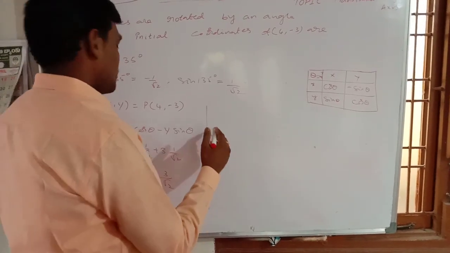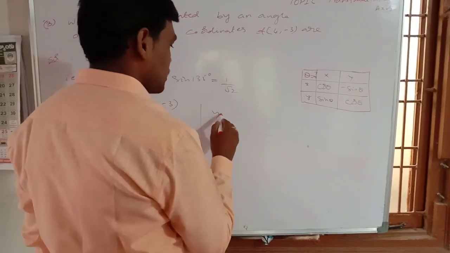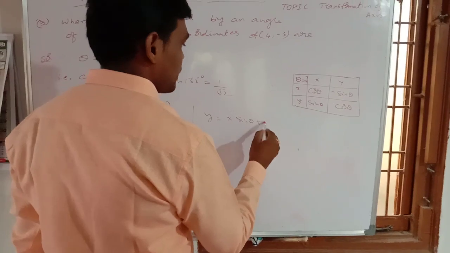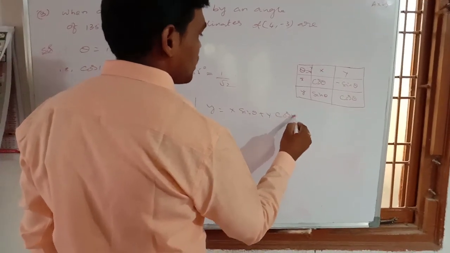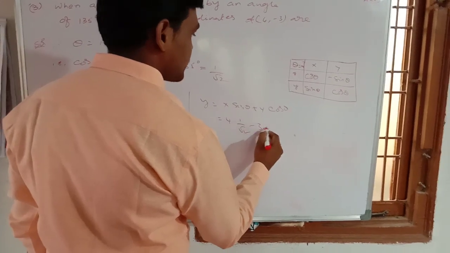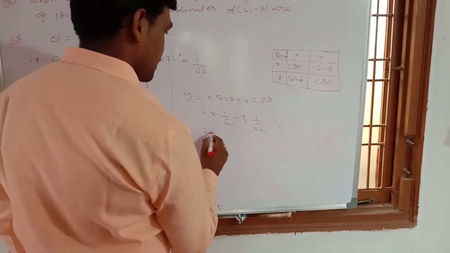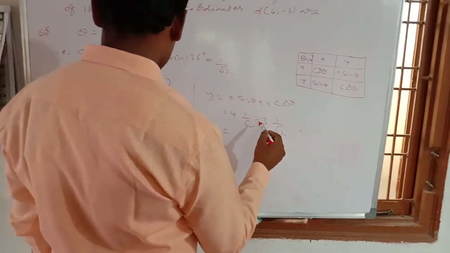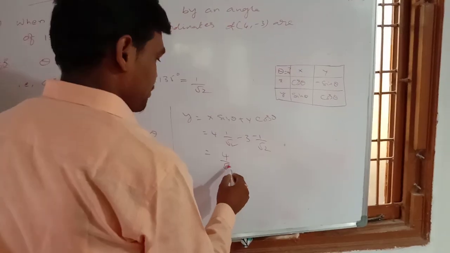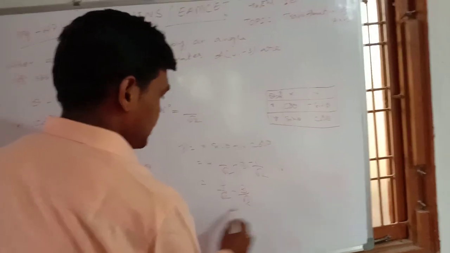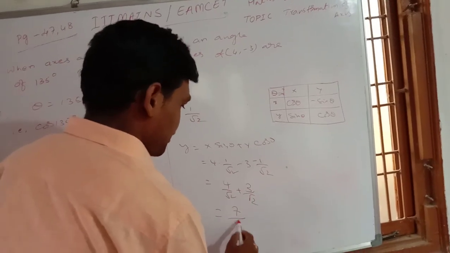Okay, and the y coordinate is small y is equal to capital X sin theta plus capital Y cos theta, and this is 4 into 1 by root 2 minus 3 into minus 1 by root 2, that is 4 by root 2 plus 3 by root 2, and this is 7 by root 2.